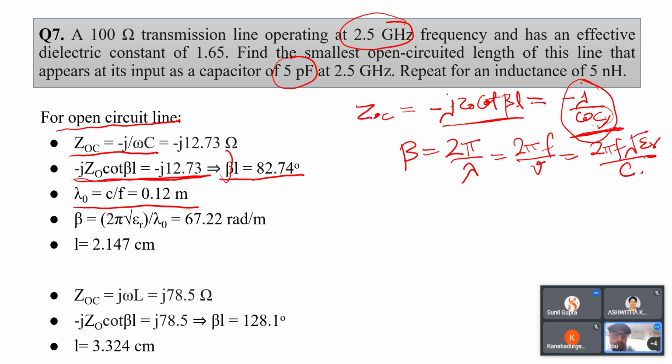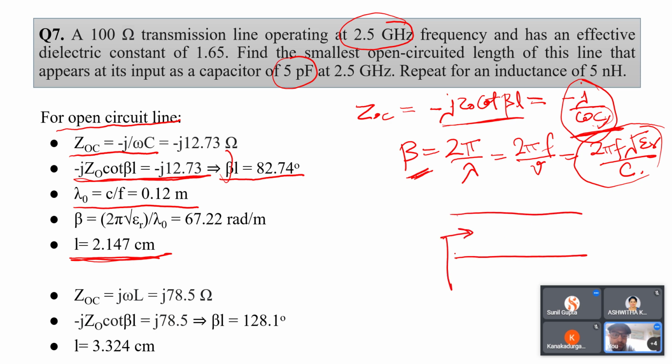So by using this equation you can obtain the value of beta. Once beta is known, you can compute the value of length.